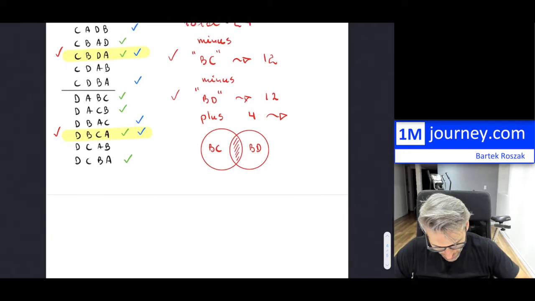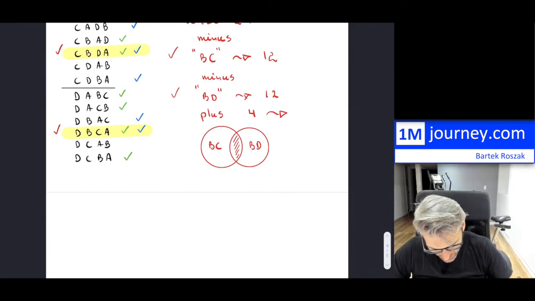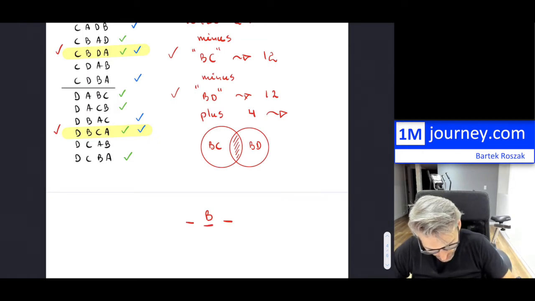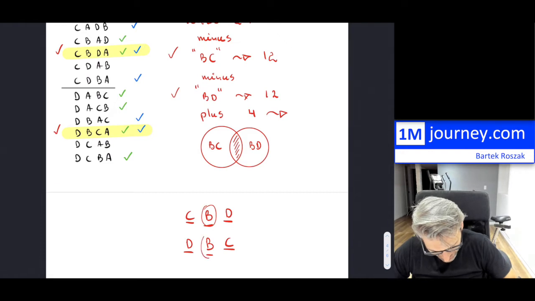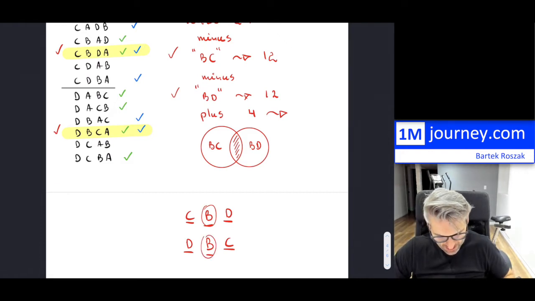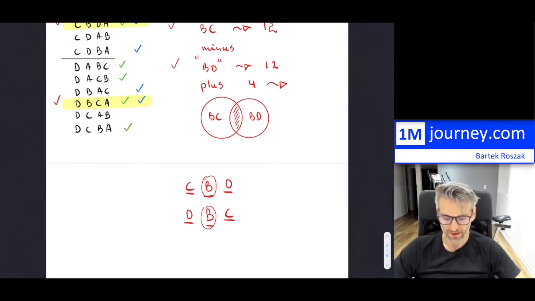Well, we have to think about the cases where, notice in all of them, we have the B in the middle, and then you either have a C here and a D here, or you're going to have B in the middle and then a D and a C. Because in these two cases, B is going to be beside C and it's going to be beside D in both ways.